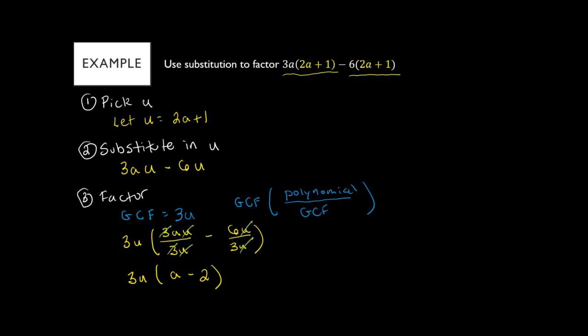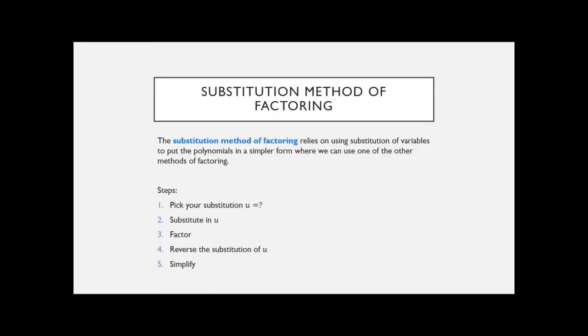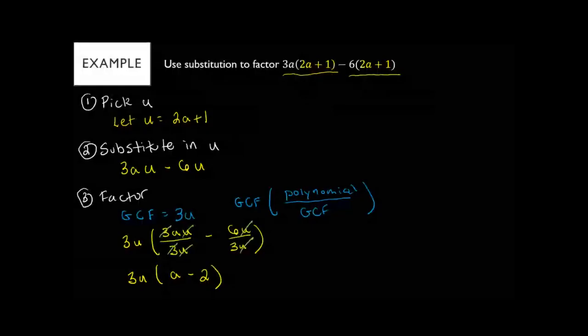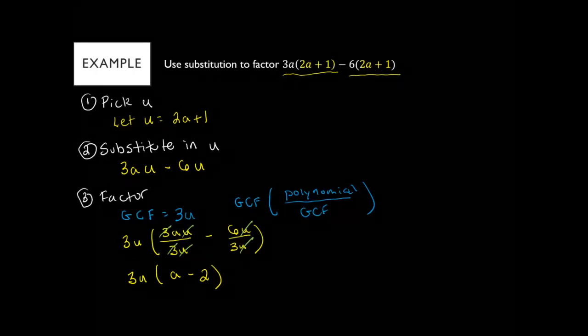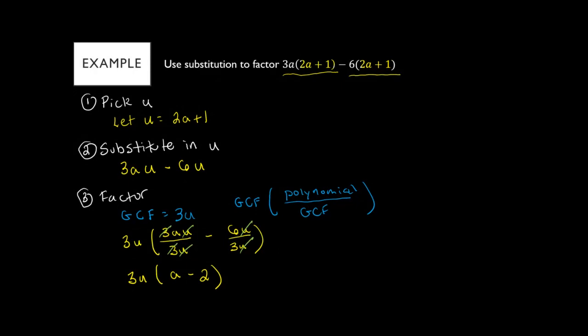That's step 3. We are not done, because if we go back, we need to do step 4, which is reverse the substitution. So anywhere I see u, I need to plug in what I set u equal to, and then we simplify. I'm going to do this on the next slide because I don't have enough room here.